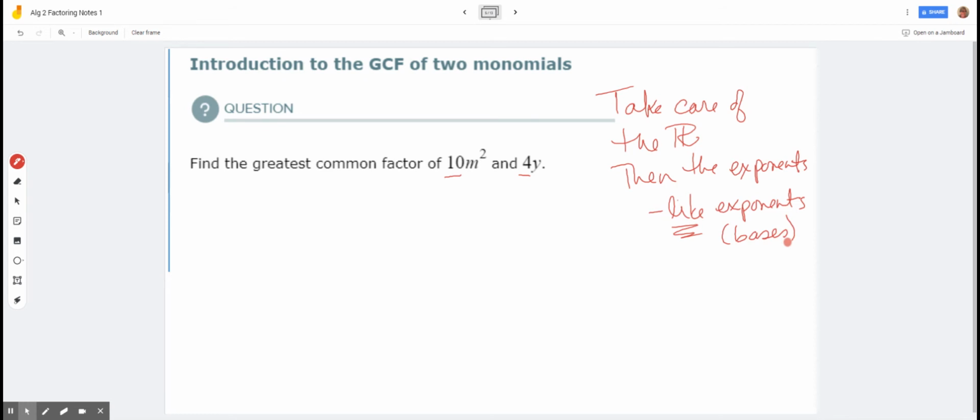So looking here, between 10 and 4, what's in common? 2 goes into 10 and 2 goes into 4. If you wanted to split it apart into primes, there you go. The only thing they have in common is a 2. And what's in common between m squared and y? Nothing. So 2 is the answer.